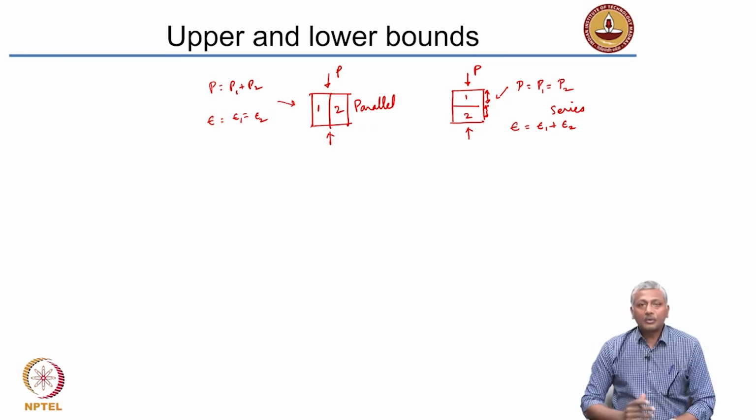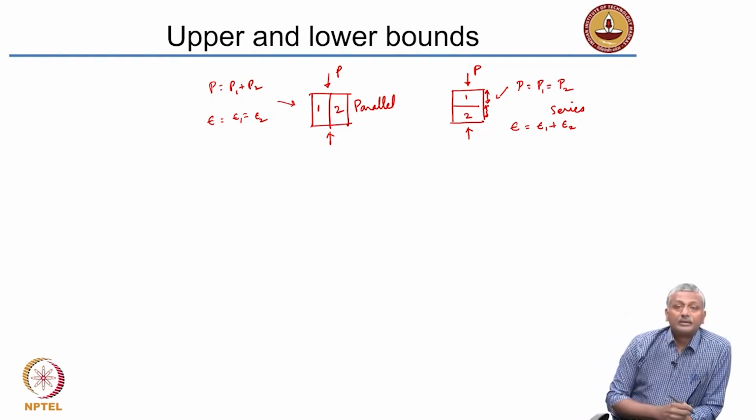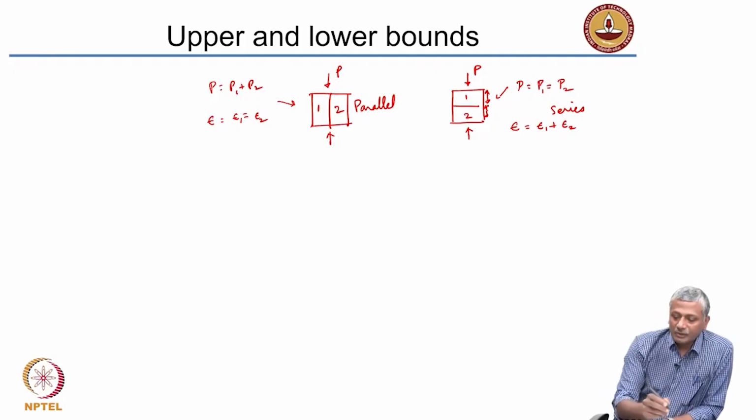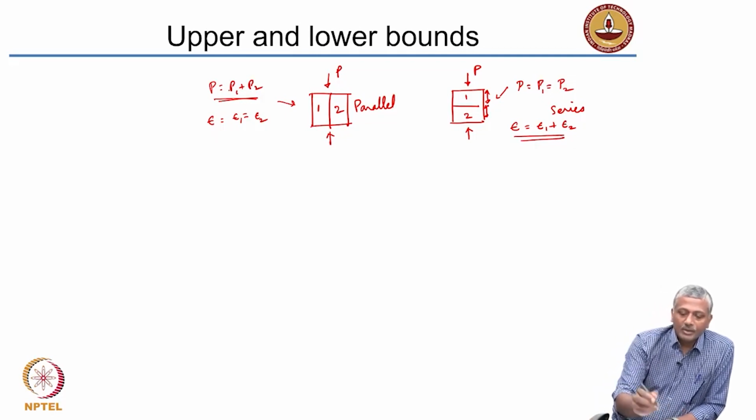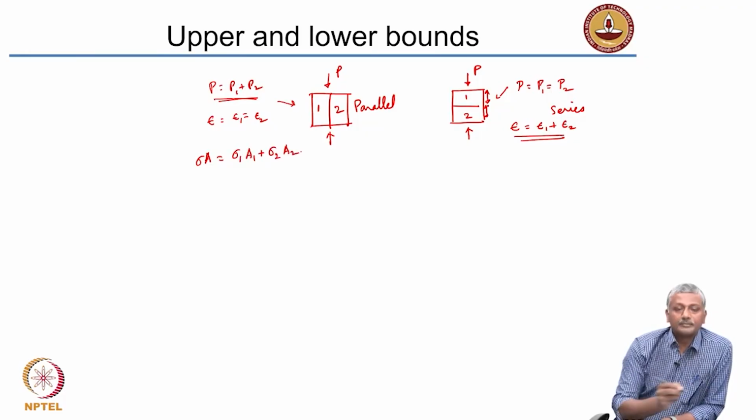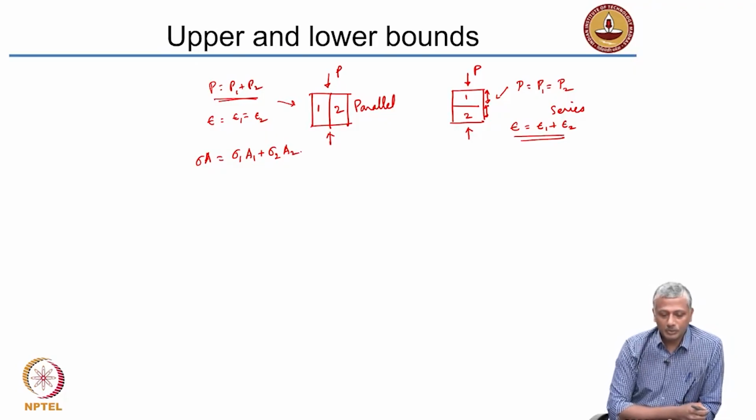Okay. So now, how do we estimate modulus? For that, we will have to look at these relationships, P equal to P1 plus P2 and epsilon equal to epsilon 1 plus epsilon 2. What is load? Stress multiplied by area, right, and that should be equal to sigma 1 A1 plus sigma 2 A2, right, sigma 1 A1 plus sigma 2 A2.